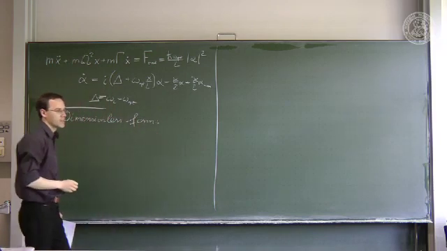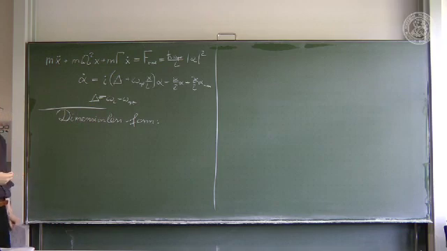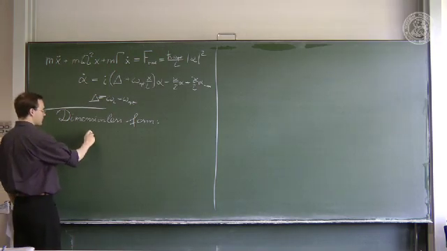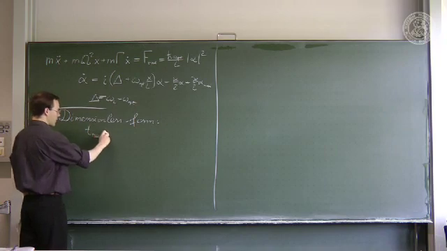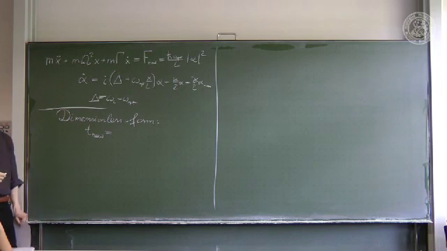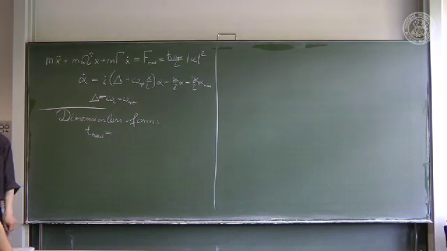And of course I could choose any length or time, but it's very convenient to pick some physically relevant time and length scales. For example, if I look at the time and I want to arrive at a dimensionless time, I could make things such as, for example, the mechanical frequency become 1.